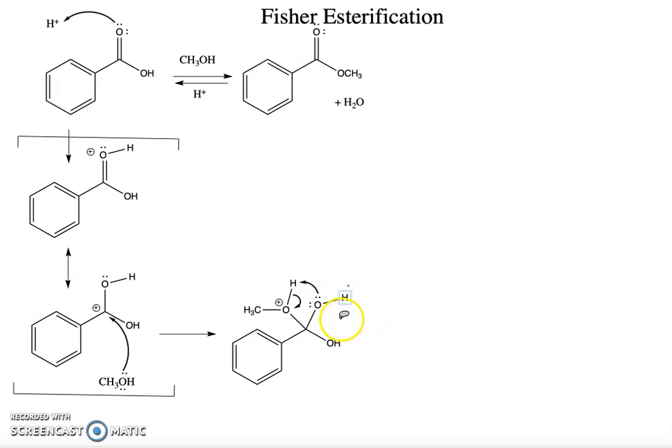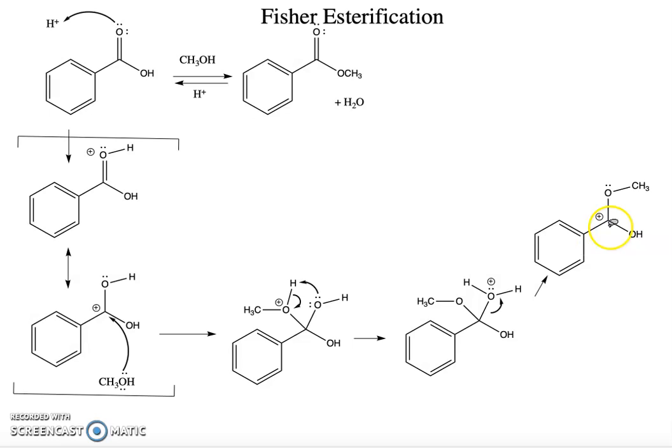So we show that movement like this with these electrons taking this hydrogen, these electrons moving down into the oxygen. So the product will be, you'll notice now that this oxygen has 2 protons on it. It's essentially a molecule of water. It has a positive charge on it, and it's a good leaving group, so it leaves, giving us this carbocation.